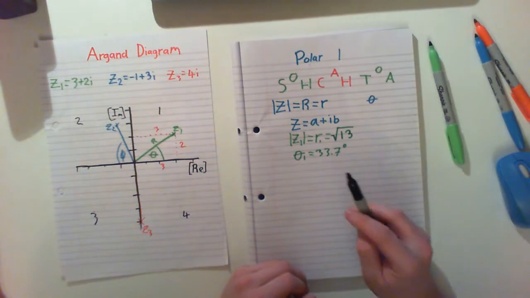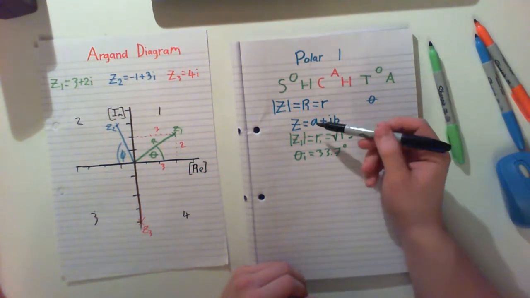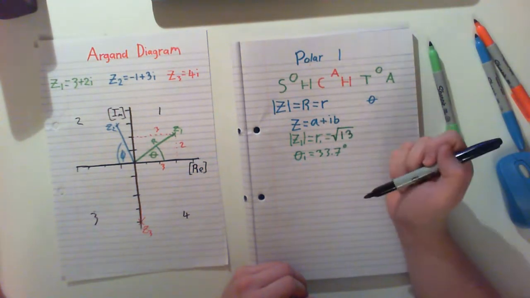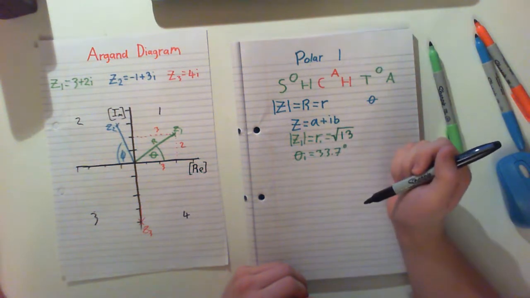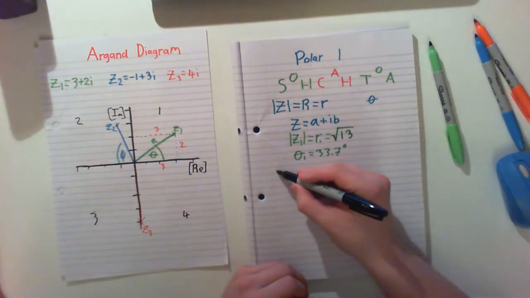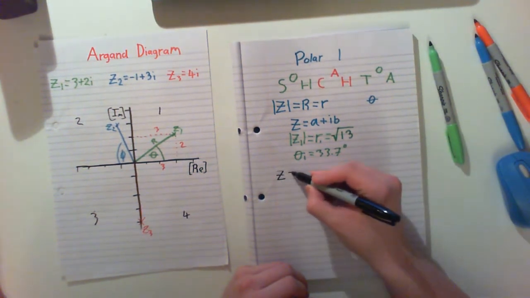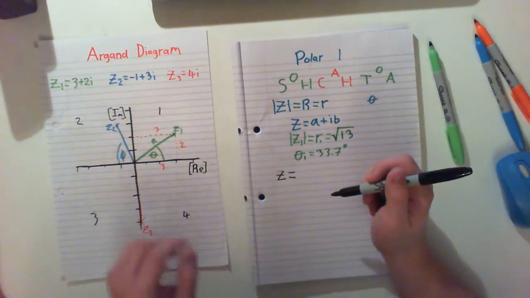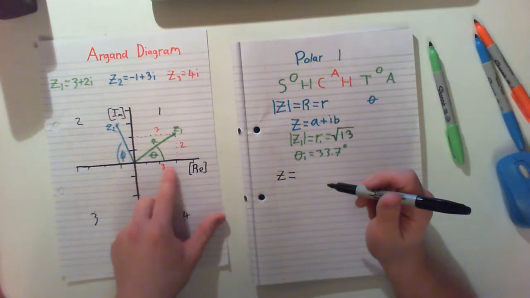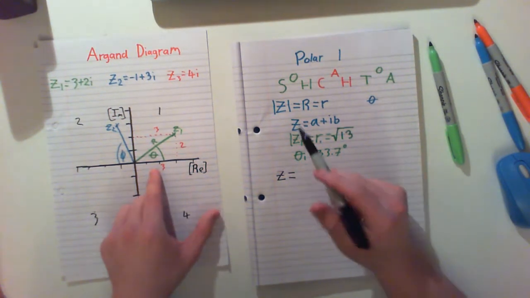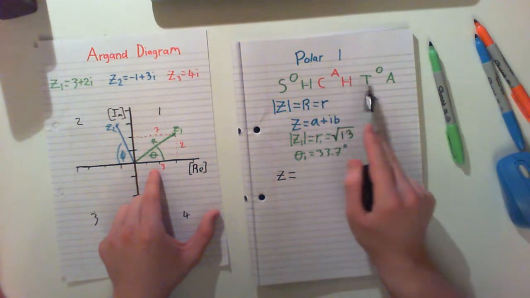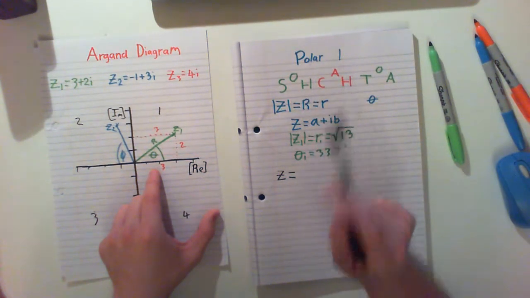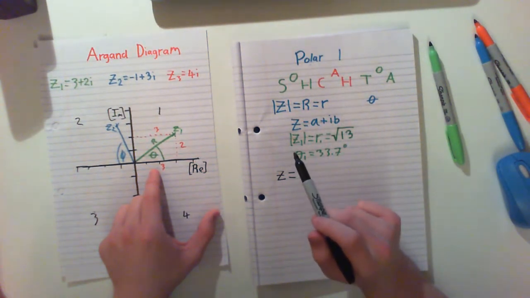So we have to look at how we represent the values a and b using r and theta. So we take our number z and a. So a is our real component, which lies across the x-axis of the Argand diagram. Now draw your attention to our SOHCAHTOA as we have from our trigonometry series.